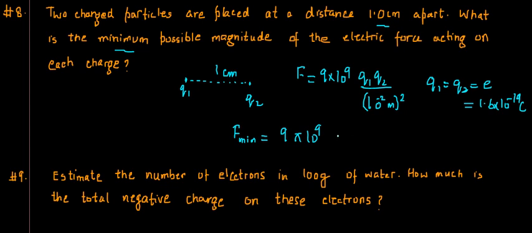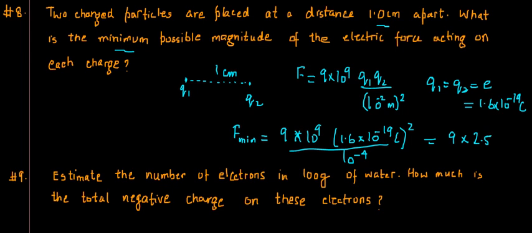So we have e squared here, that is 1.6 into 10 to the minus 19 coulomb square, divided by 10 to the power of minus 4. So when we solve this, this is 9 into 1.6 square, which is 2.56 into 10 to the power of minus 38, and this is 10 to the power of 9, and downstairs we have 10 to the power of minus 4.